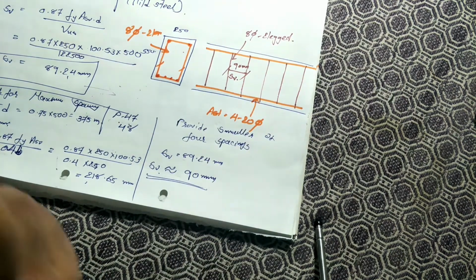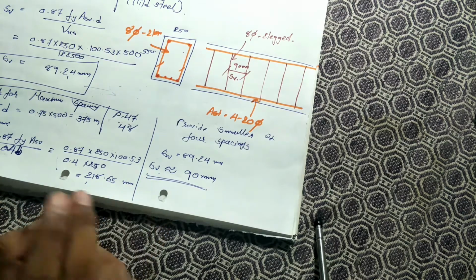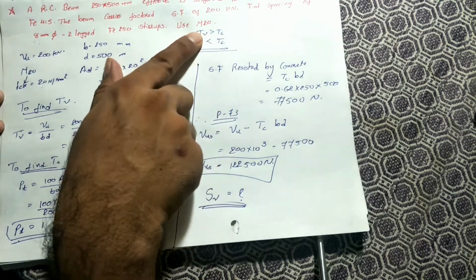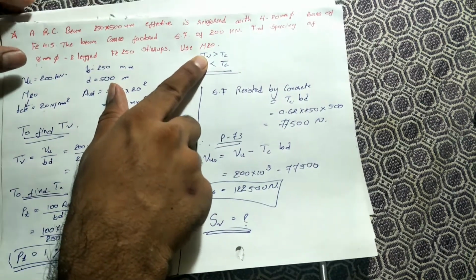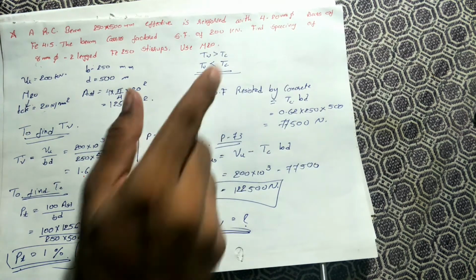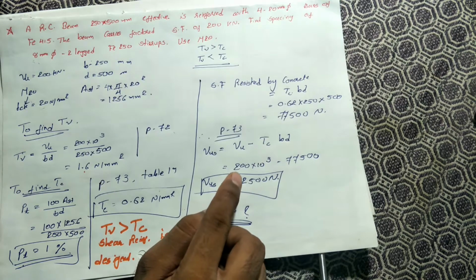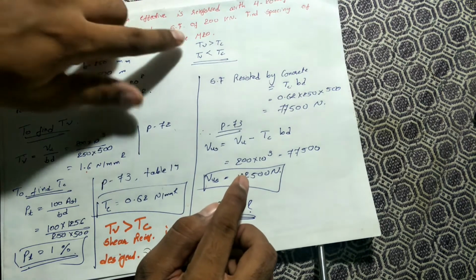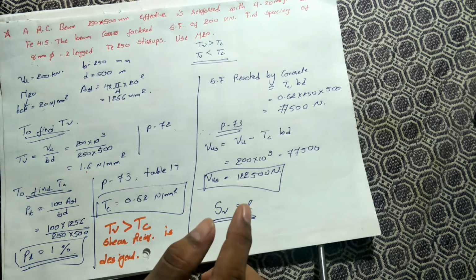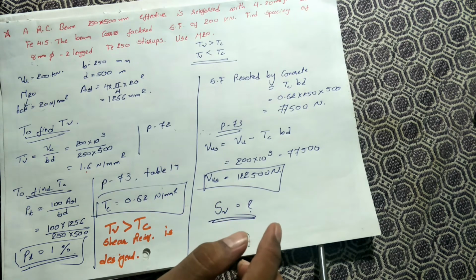Okay, so this is all about your second numerical, in which we solved the condition tau v greater than tau c. In the previous video we solved a numerical based on tau v less than tau c, where minimum shear reinforcement is to be provided, and here tau v is greater than tau c, where we have to design shear reinforcement. Thank you.